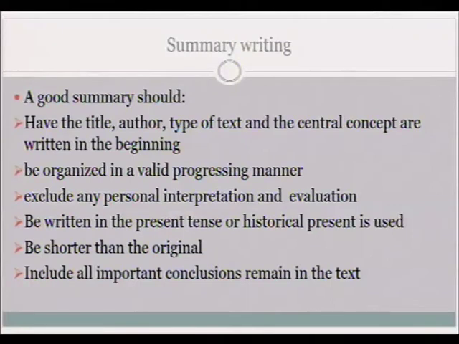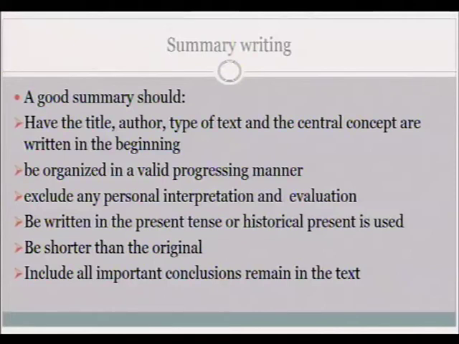Now, a good summary should have the title, the author, the type of text, and the central concept at the beginning. It should be organized in a valid, progressive manner. It should exclude any personal interpretation and evaluation.